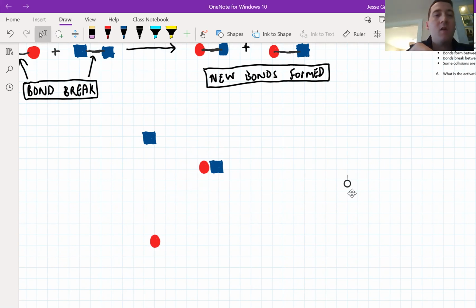Now, when they collide, sometimes, like if they're going too slow, nothing will happen. They will just bounce off each other and carry on moving about.